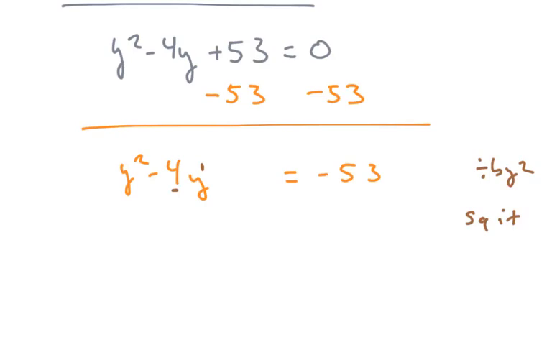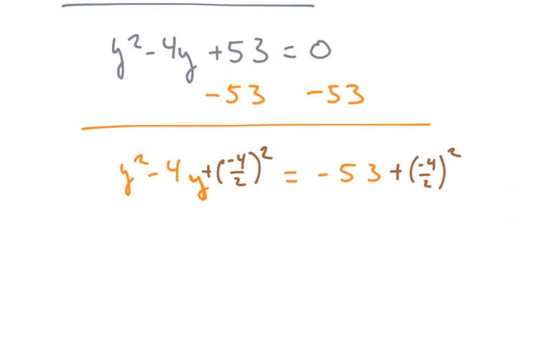So what that means is I'm going to take negative 4, divide by 2, and then square it, and I'm going to do this to the other side. Okay, so I'm going to erase this now to give myself a little space so it's not so cluttered. But there you have it.